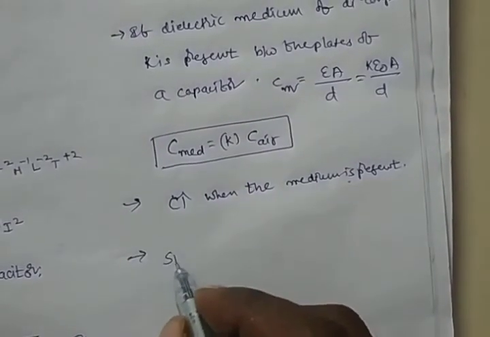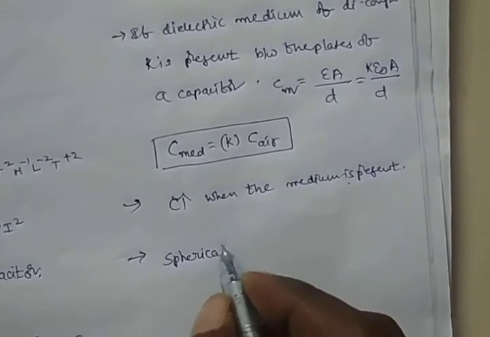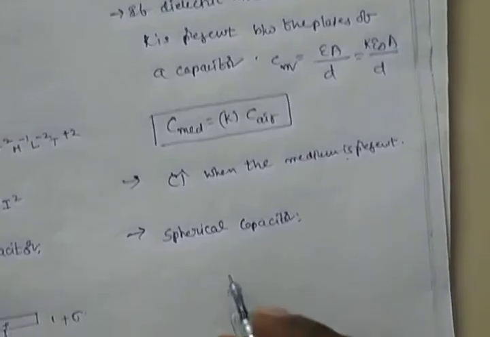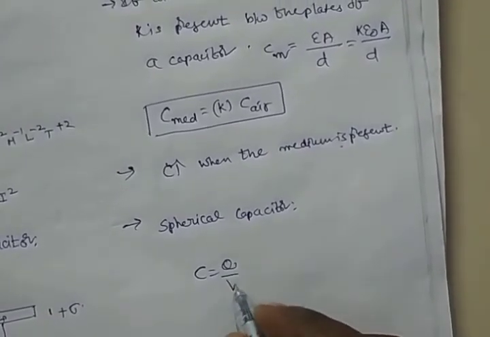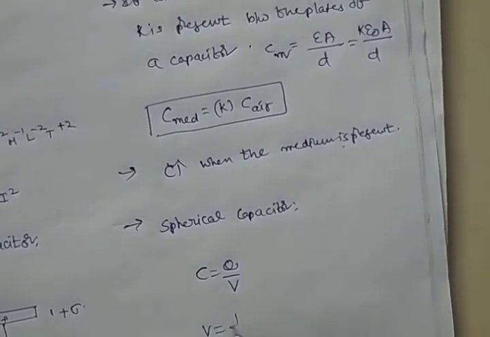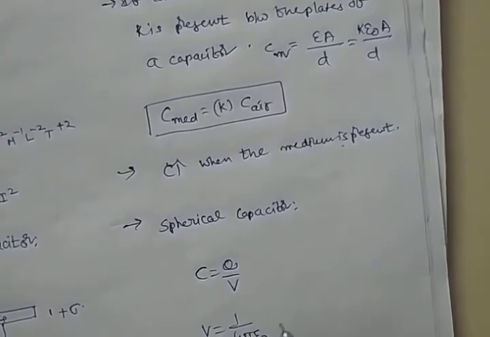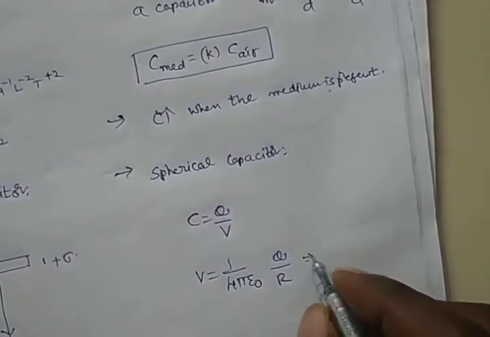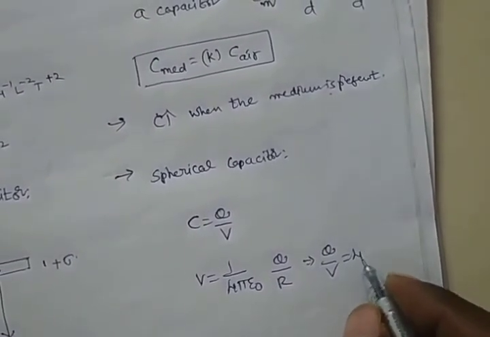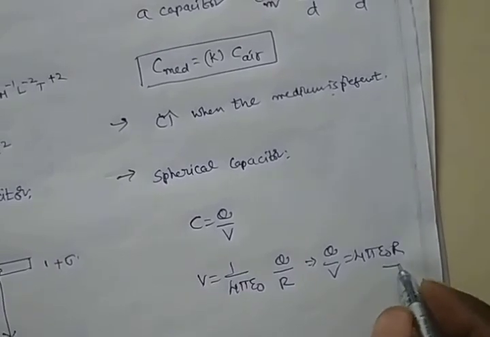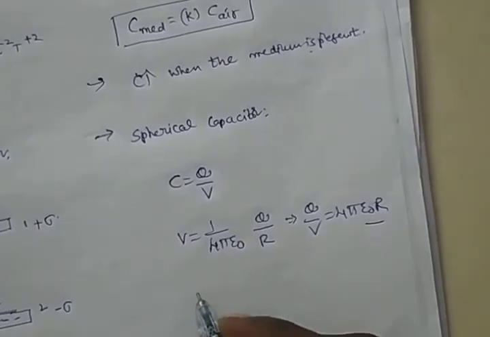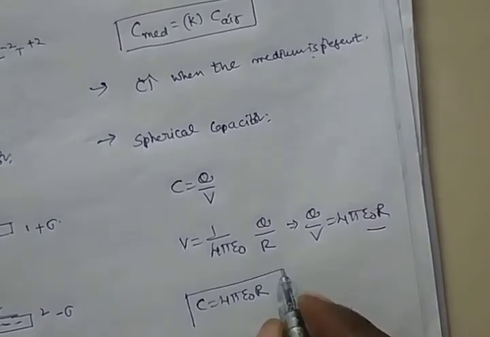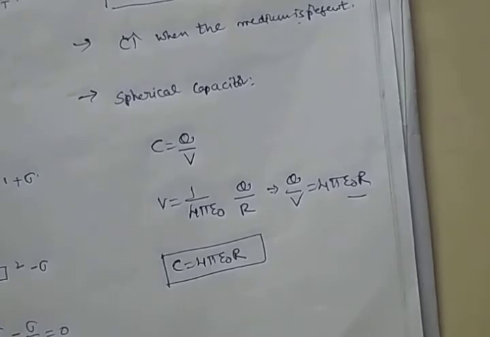For a spherical capacitor, we know C equals Q by V, but what is the formula for V? It is 1 by 4 pi epsilon naught times Q by R. Then from Q by V you get 4 pi epsilon naught R. So the capacitance of a spherical capacitor is 4 pi epsilon naught R for air.